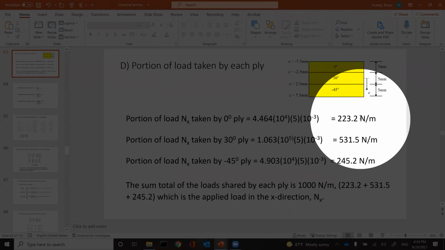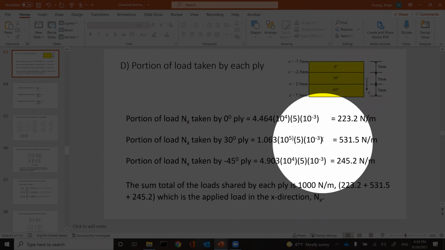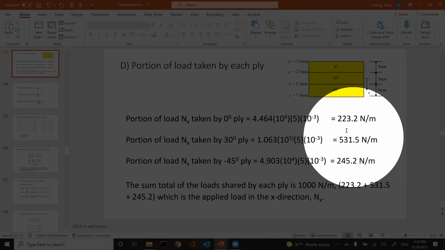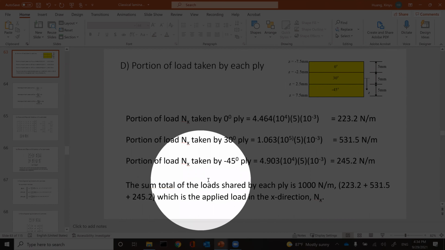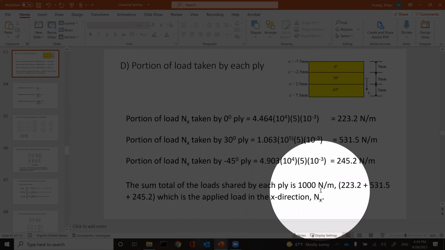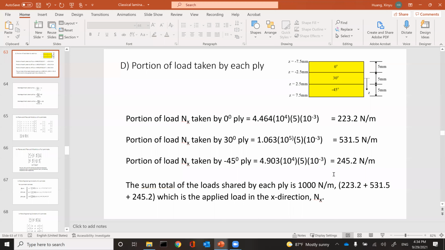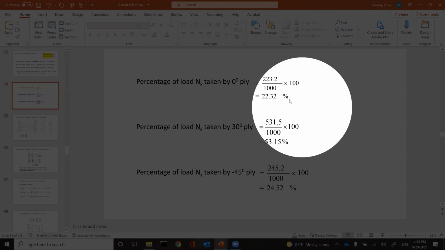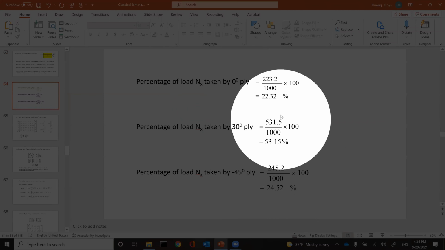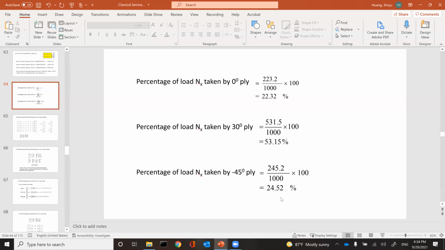First ply takes this much load, second ply this much, third ply that much, x directional load. For the sum total of the load shared by each ply, you just calculate the percentage. All right. Any questions?